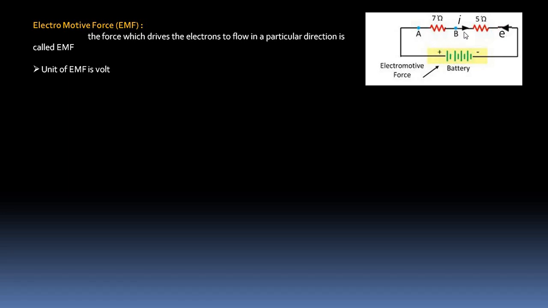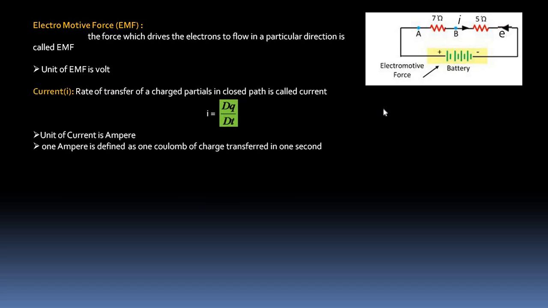The direction of current is taken opposite to the flow of electrons. This assumption is made for simple calculation purposes. While analyzing the circuit, if you take the current direction opposite to the electron flow direction, the analysis will be easy. So next is current. Current is the rate of transfer of charged particles in a given cross-sectional area.